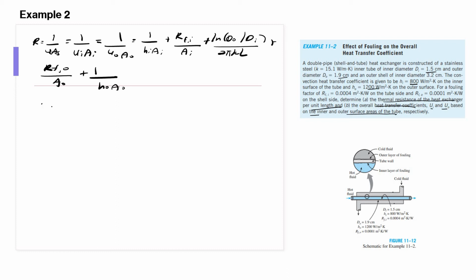So first thing first, calculate your areas first. You have two areas which are Ai and A naught. For surface area you need to calculate pi DiL, so the inner is 0.015 meter. Because they did not provide the length of the pipe, you can assume the length of the pipe is 1 meter.